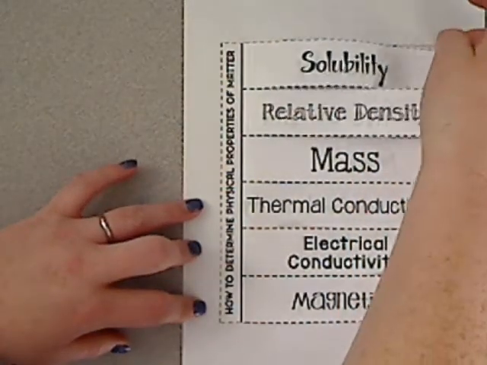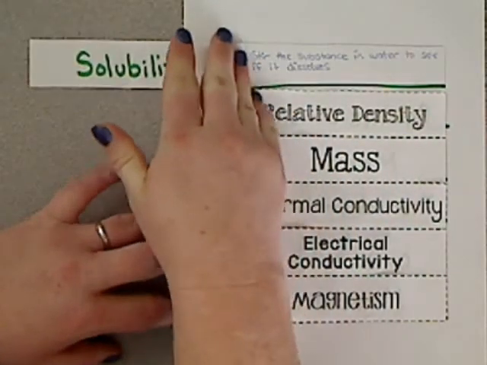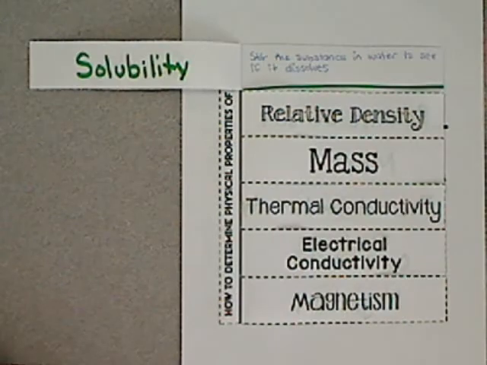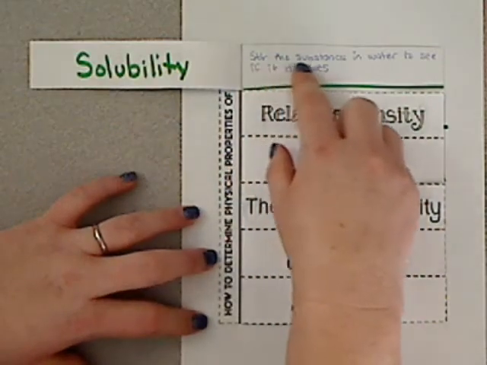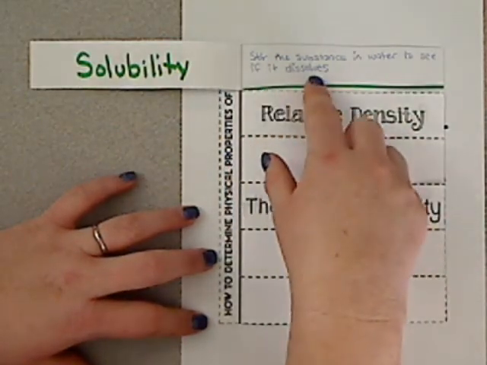So solubility is defined as a matter's or substance's ability to dissolve in water. So to determine its solubility, you stir the substance in water to see if it dissolves.